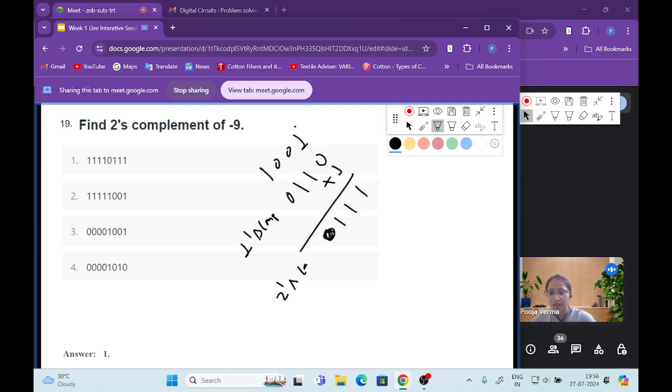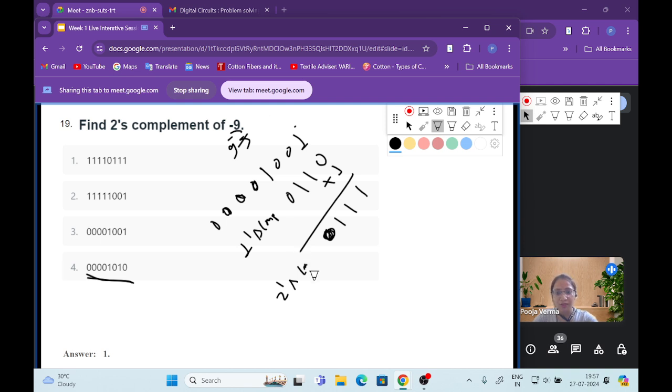So here an 8-bit representation is given. But for the representation of 9, you can add any bits, that is an 8-bit representation. In order to find minus 9, first take plus 9 and find its binary equivalent.